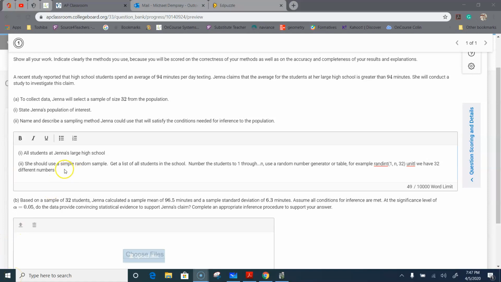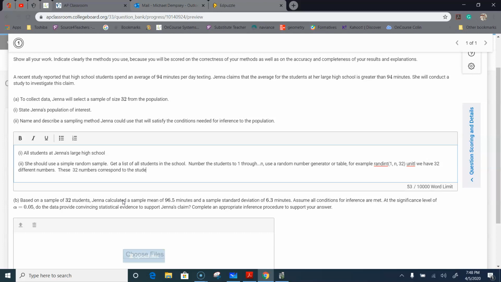That's important. We can't have any sampling with replacement here. We can't pick the same student twice. Okay, these 32 numbers correspond to the students she will sample.